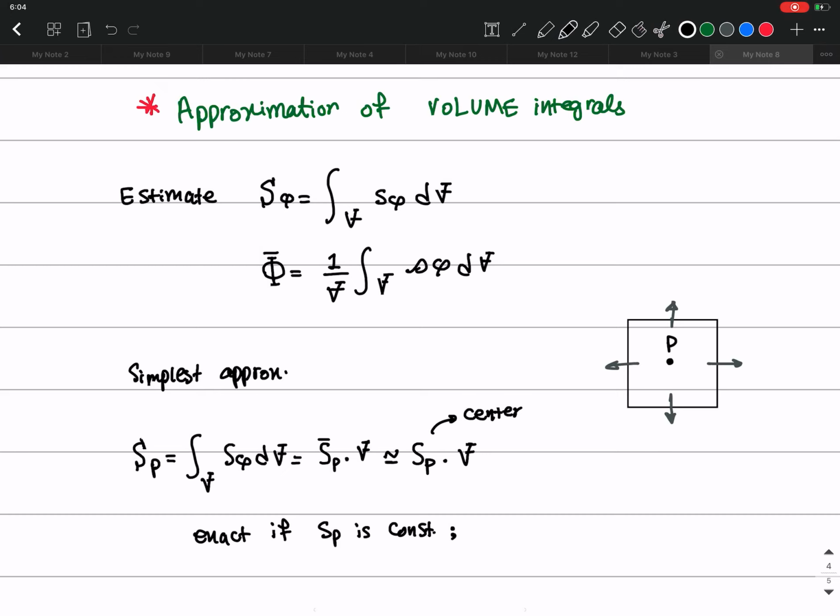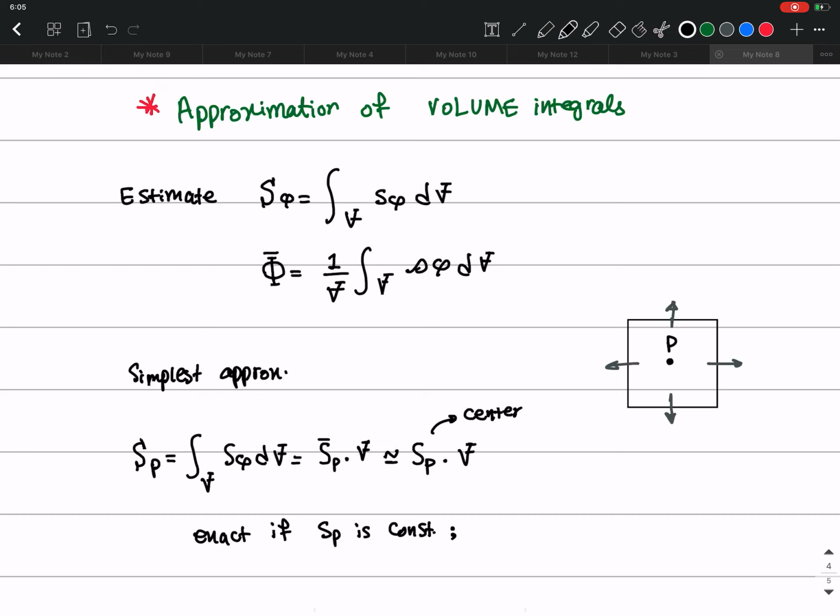Otherwise, SP is a kind of arbitrary parameter, right? It can be anything like speed, or it can be temperature, it can be any variable that you may imagine. For example, humidity or whatever.